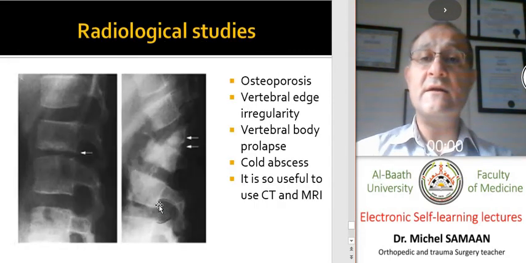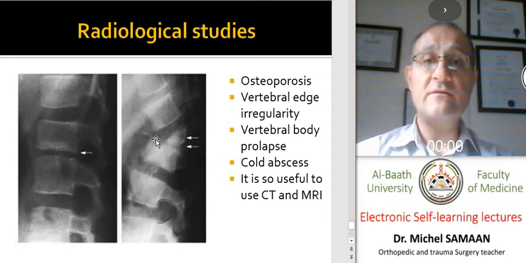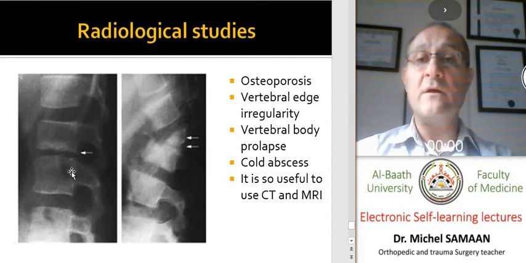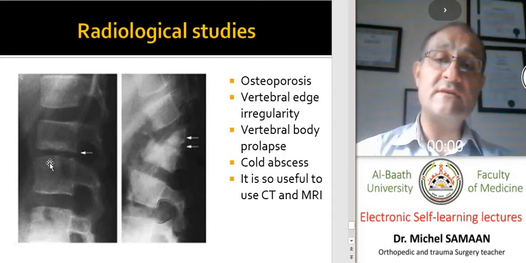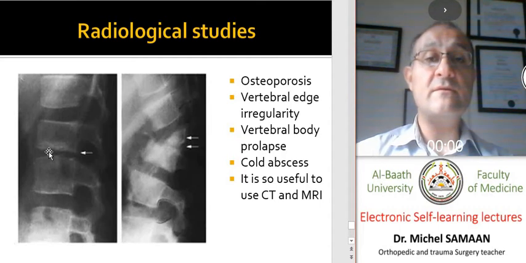Radiological signs are usually significant, with wedging deformity of the vertebral body because of the collapse, or if we have discitis, we may have reduced intervertebral disc height. But the use of MRI or CT scan is very important to diagnose this situation correctly.